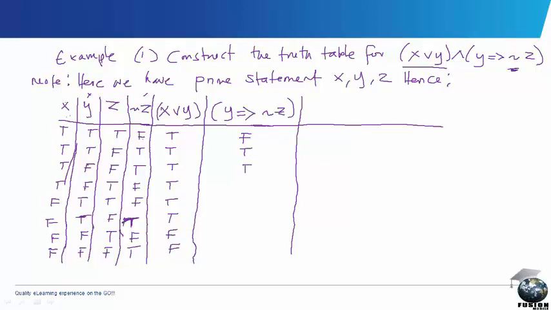And when it is false and false, it is true. And when it is true for the first statement and false for the second statement, it is false. And when it is true and true, it is true. And when it is false and false, it is true. When it is false and true for the second statement, the outcome is true.